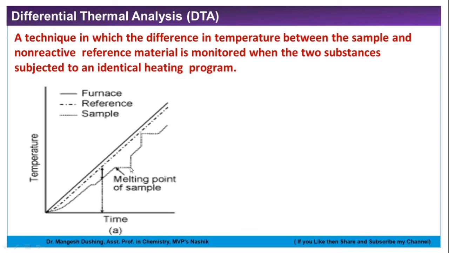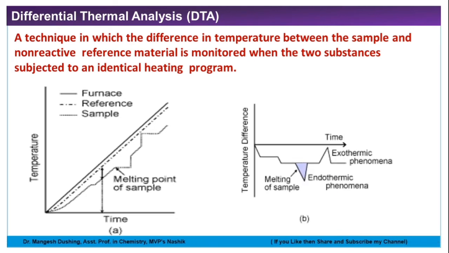Again, if the substance completely melts, then the temperature will increase linearly. If the change is endothermic, the sample temperature is lower than the reference material. When the sample melts or dehydrates, the sample temperature is lower.